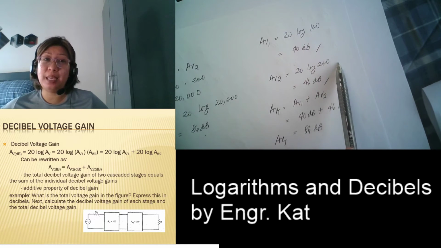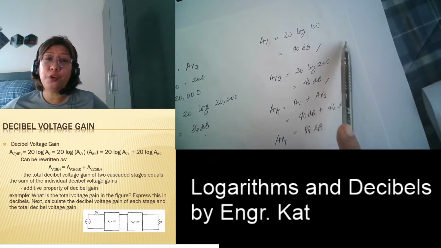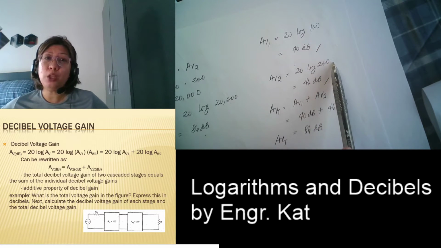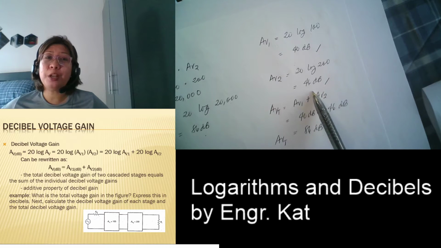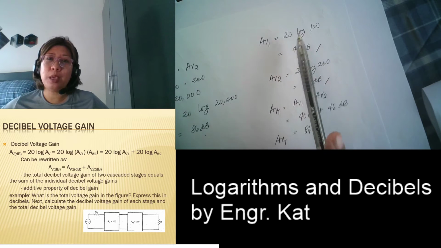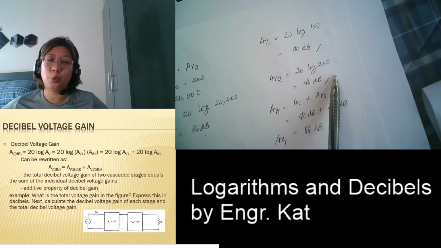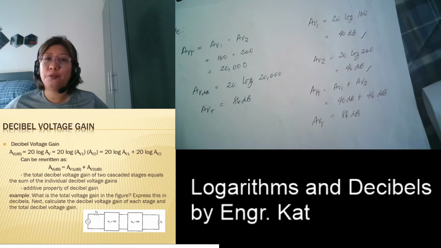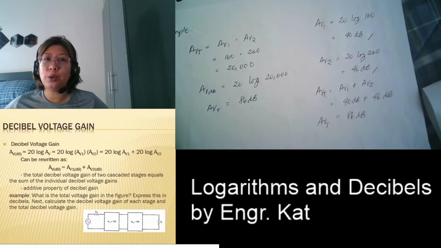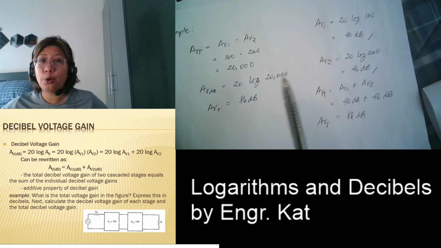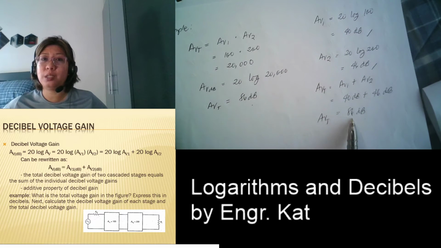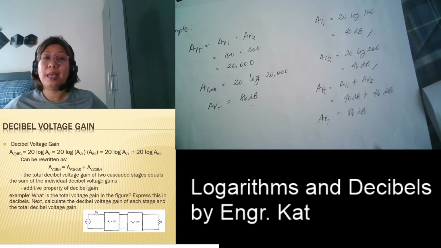If you multiply by a factor of 2, you will have a plus 6 dB. So from 40 dB, you have 46 dB. We add 6 dB because we doubled your 100 and made it 200. That's why we have here 46 dB, and adding, we got 86 dB. So it's either you use this one or you get their decibels and simply add them. You get the same answer.